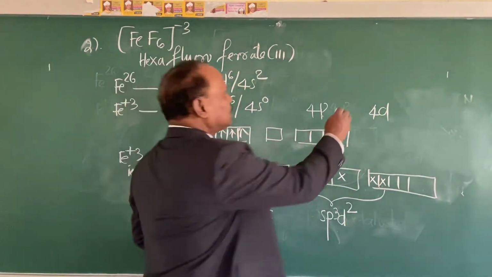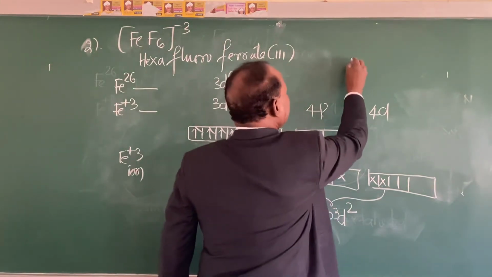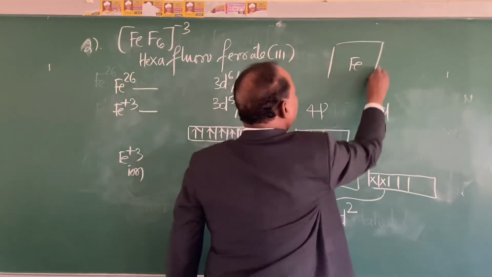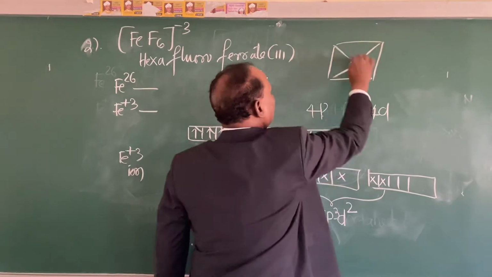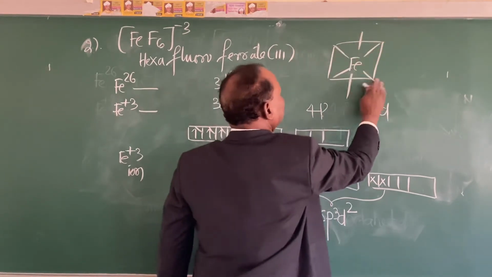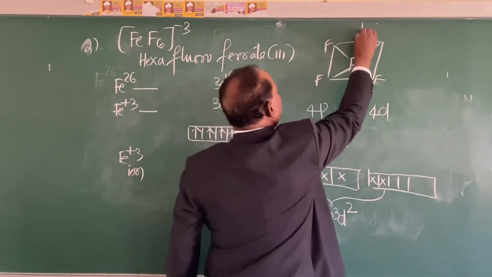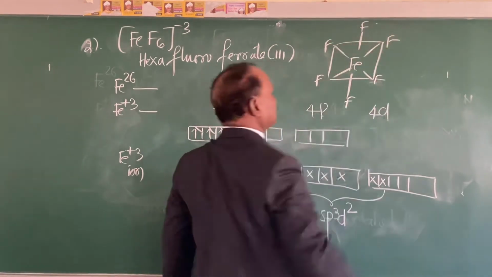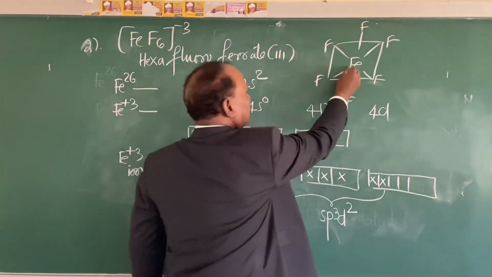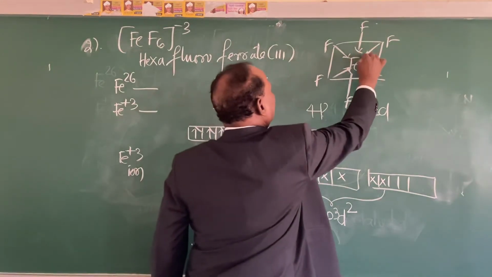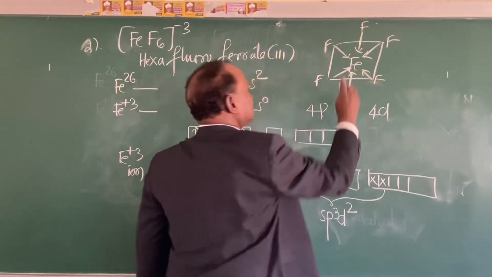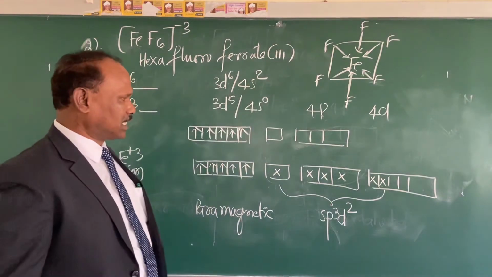I will write geometry like this. Is it okay? These are the coordinate points formed. So the geometry is octahedral.